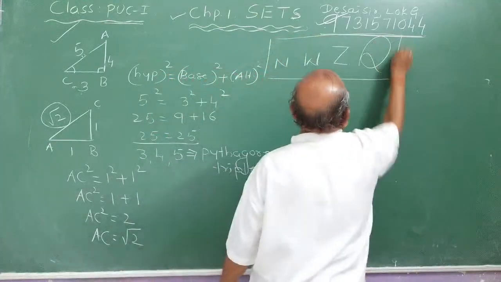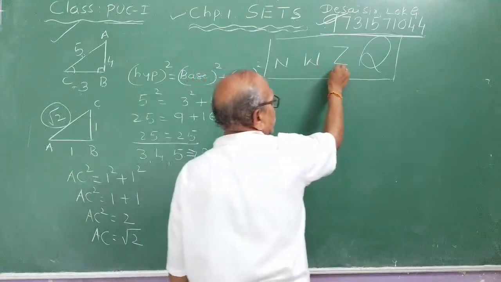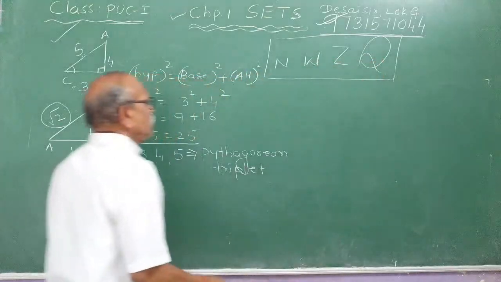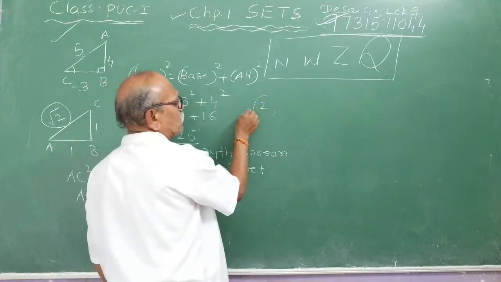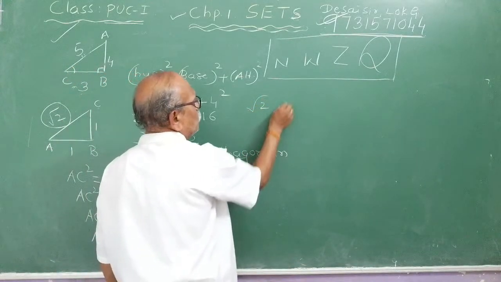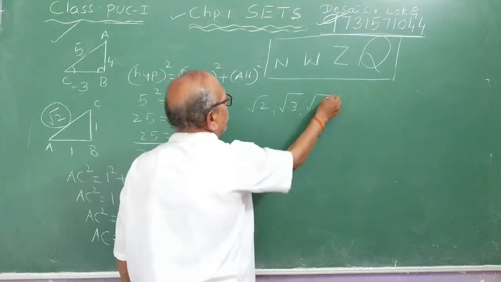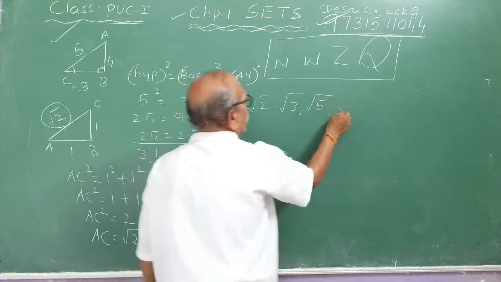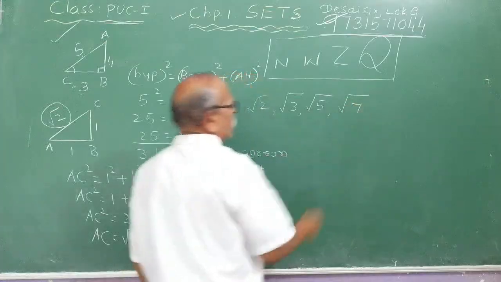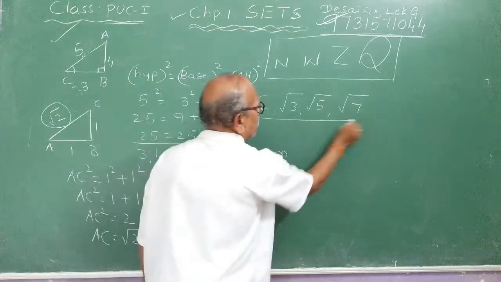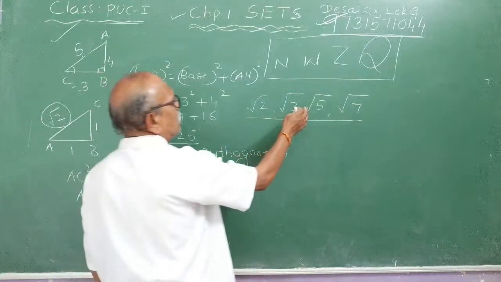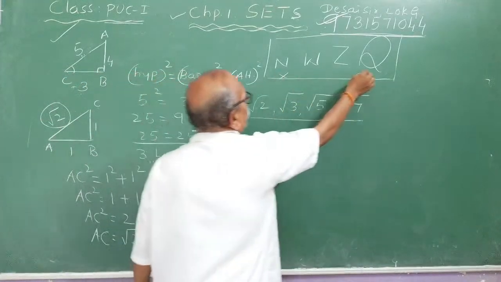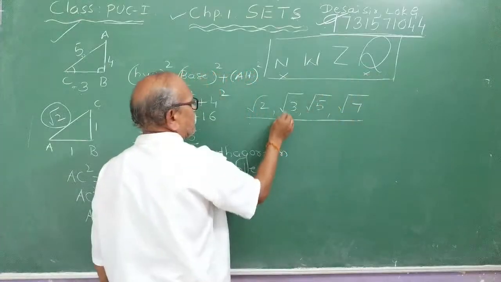Therefore, numbers like root 2, root 3, which you studied in 10th standard, which do not belong to rational numbers, were called irrational numbers.